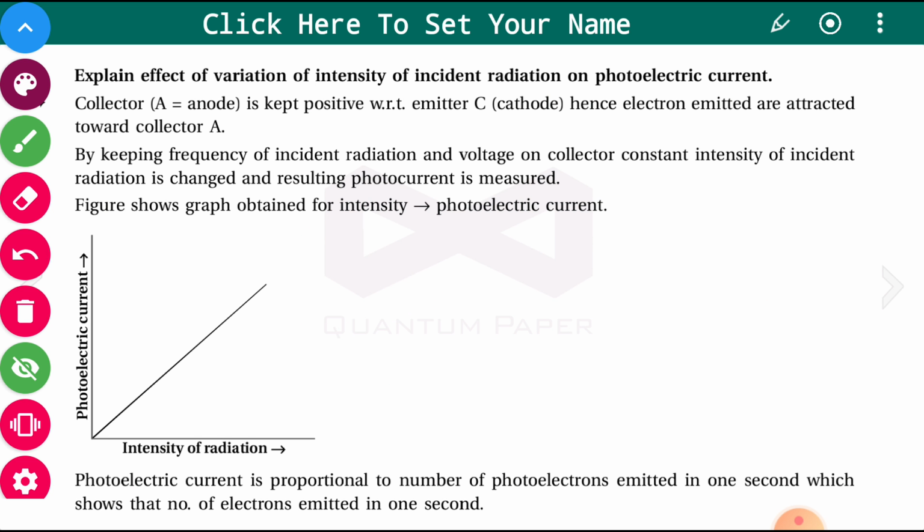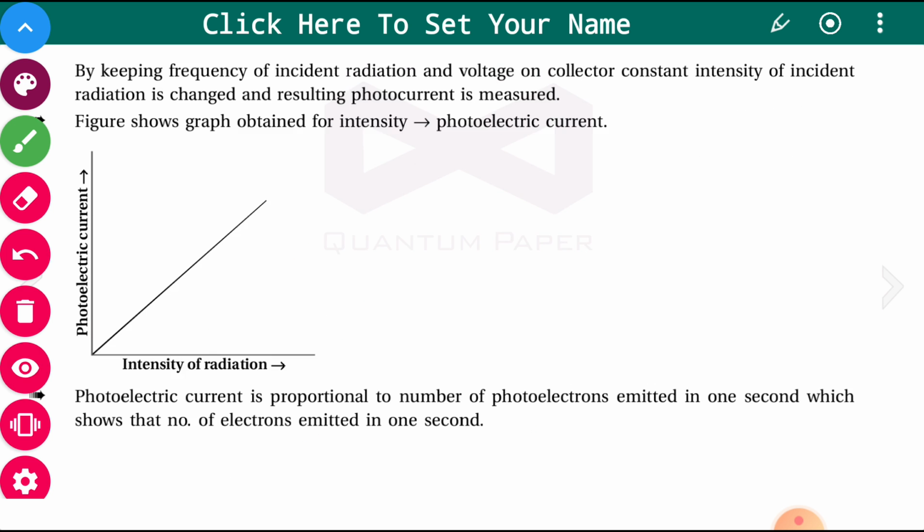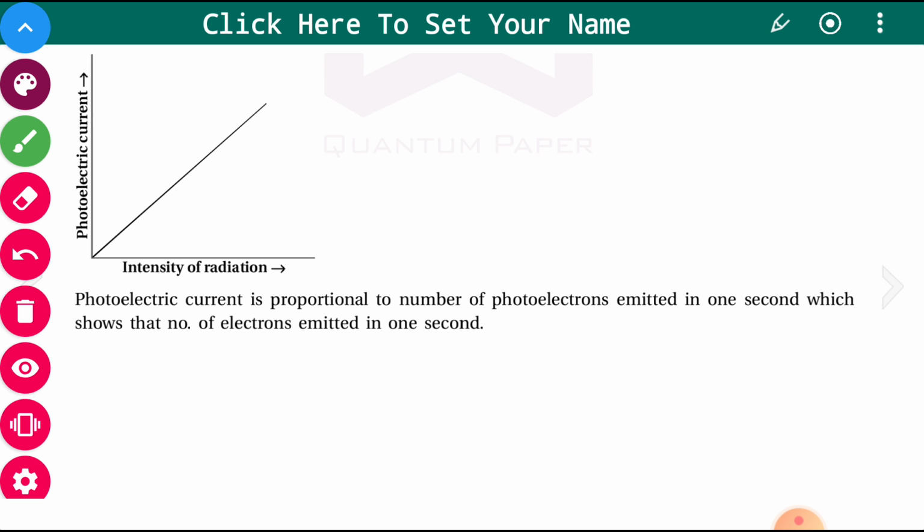The graph which is shown here gives the clear picture that as intensity of radiation is increased, then photoelectric current also increases. There is a linear relationship and we get a straight line for this. Now photoelectric current is proportional to the number of photoelectrons emitted.